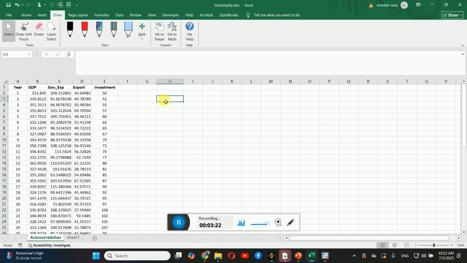Those characteristics are simply the mean value, the variance, the covariance, skewness, kurtosis, and probabilities. If these statistical properties, dear students, remain constant across different points in time, simply you can say this time series variable, dear students, is stationary, right?